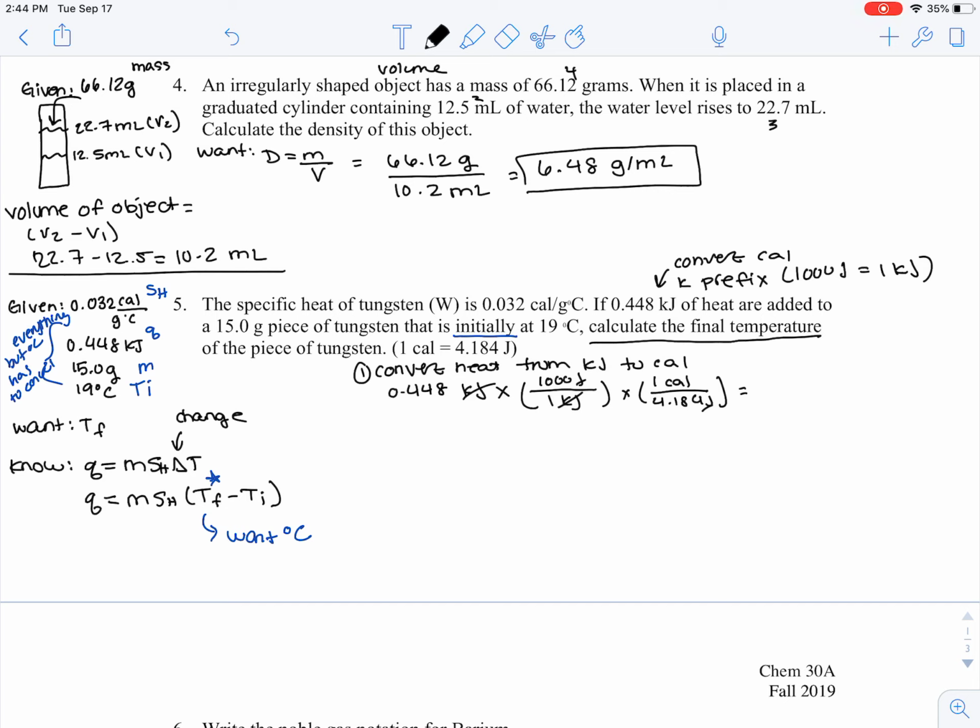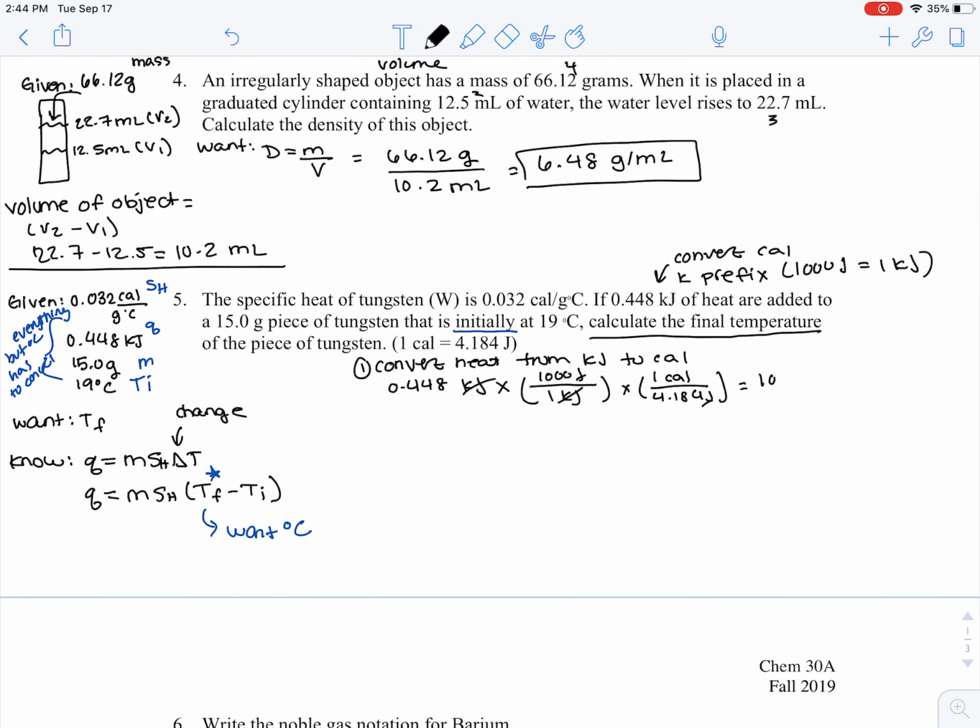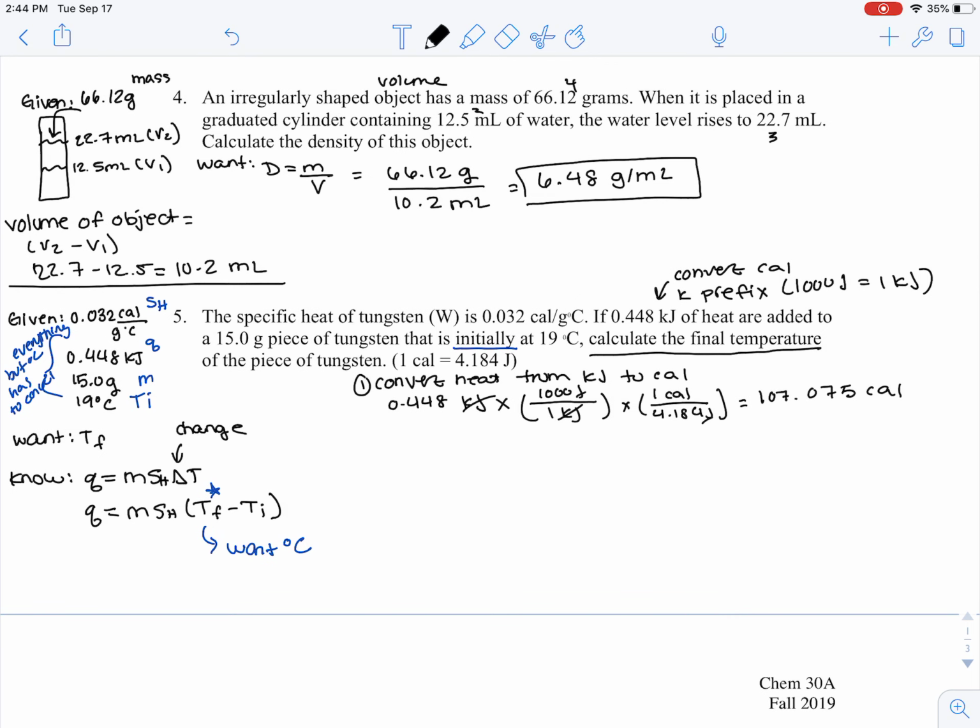And that equals 0.448 times 1,000 divided by 4.184, which is 107.075 calories. This is not the answer that I want, so I don't have to worry about significant figures. Now we can solve for the temperature.